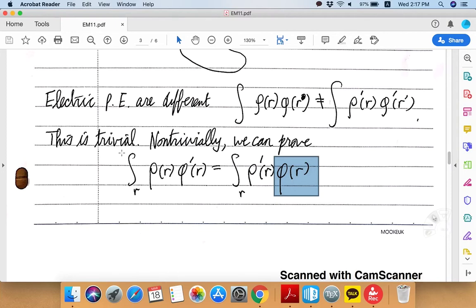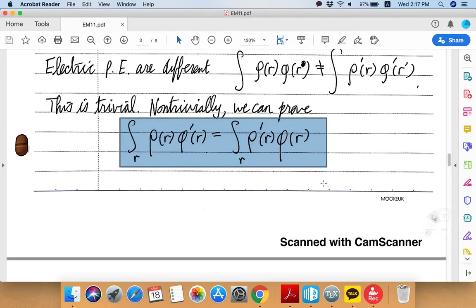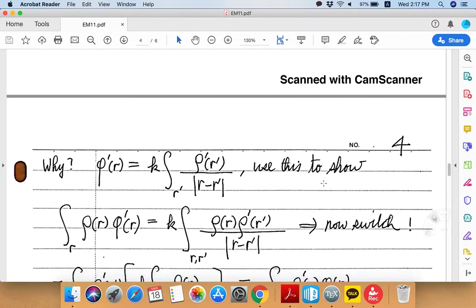And it turns out that these two integrals are exactly the same no matter what we choose for the new charge density rho prime and the new potential phi prime. And the proof is as simple as imaginable.